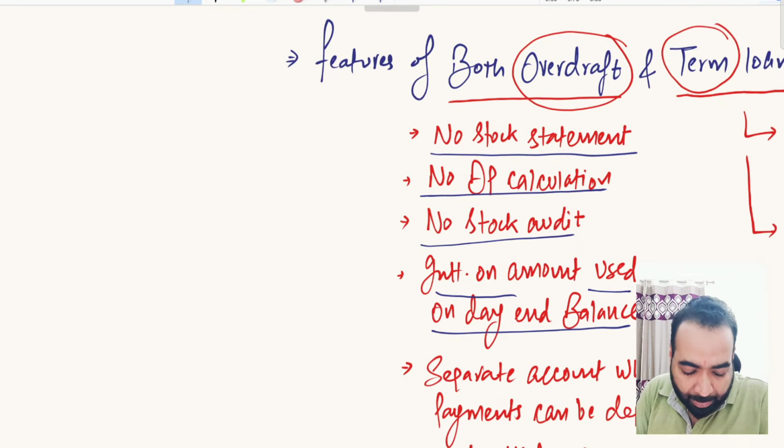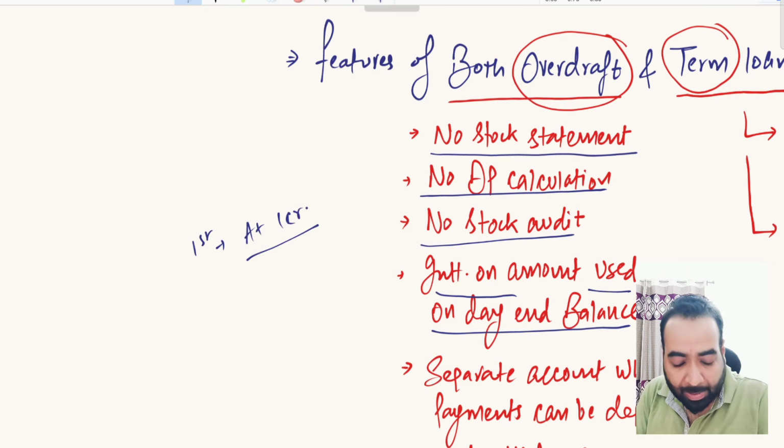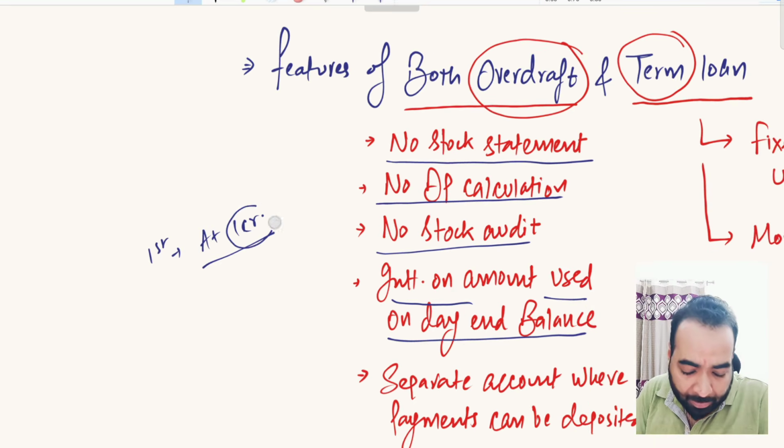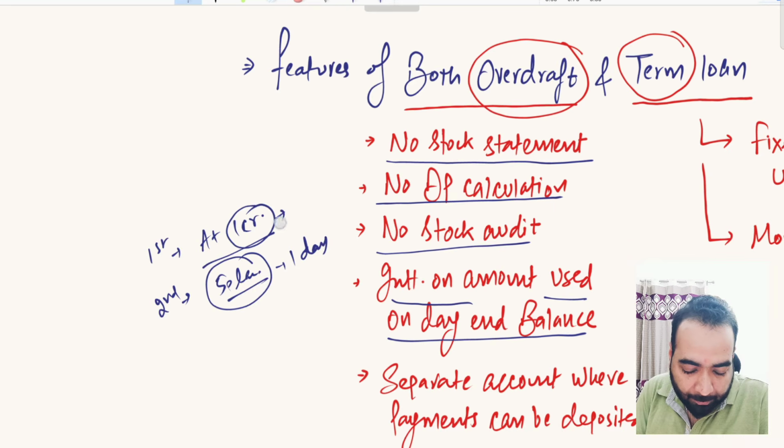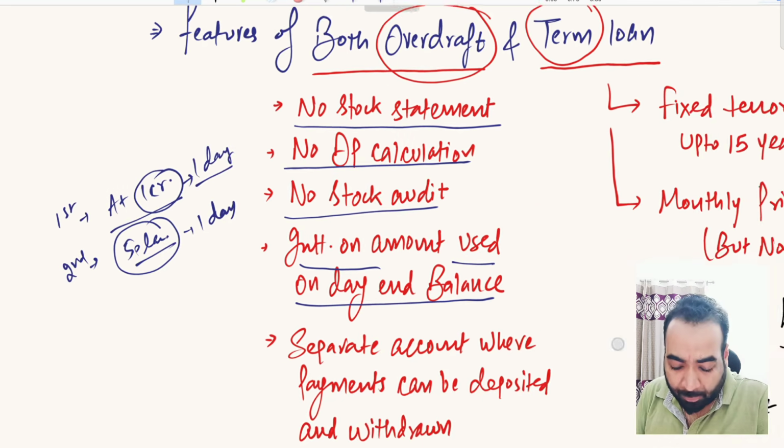So if your limit utilization at the end of first October is rupees 1 crore, then interest will be charged on 1 crore. And on second, if your limit utilization is only 50 lakhs at the end of the day, then the interest will be charged on 50 lakh rupees for 1 day, just like overdraft facility.